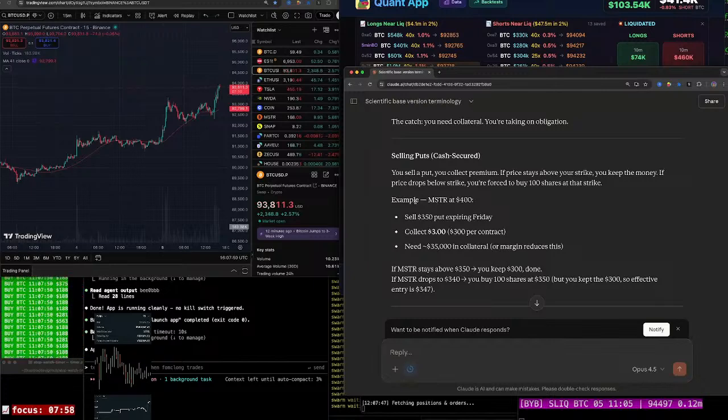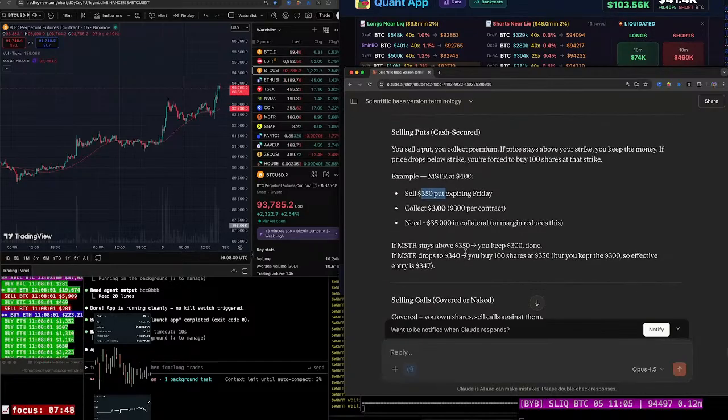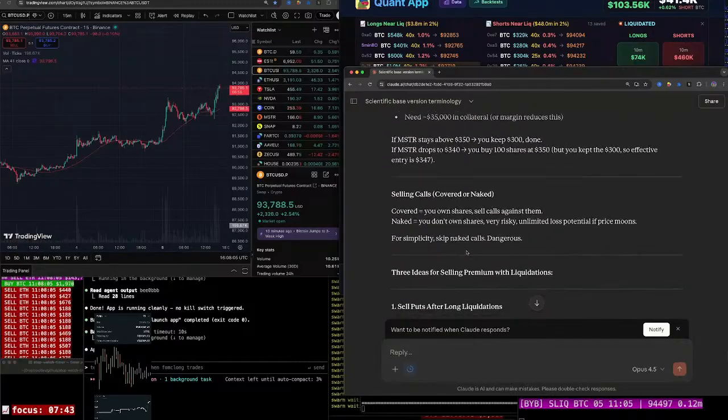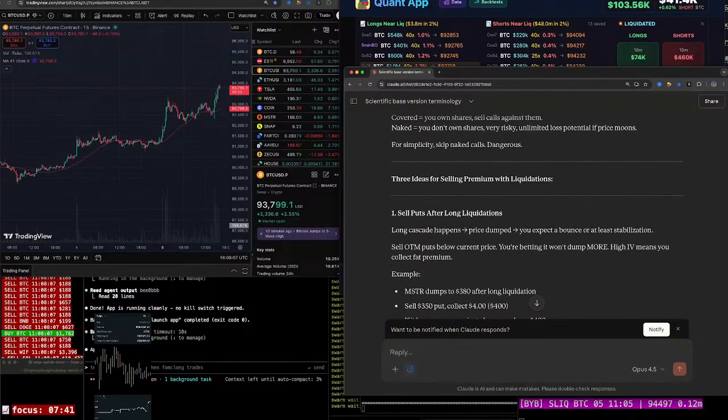MSTR at 400, for example. So you're selling a put. You want it to stay above that. Collect $3, so $300. So just sell puts, sell puts, sell puts. Okay. Selling calls, don't do that. Selling puts is better than selling calls.